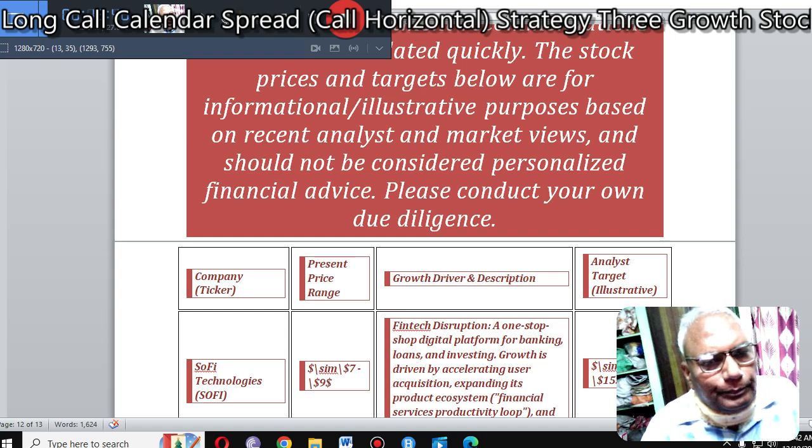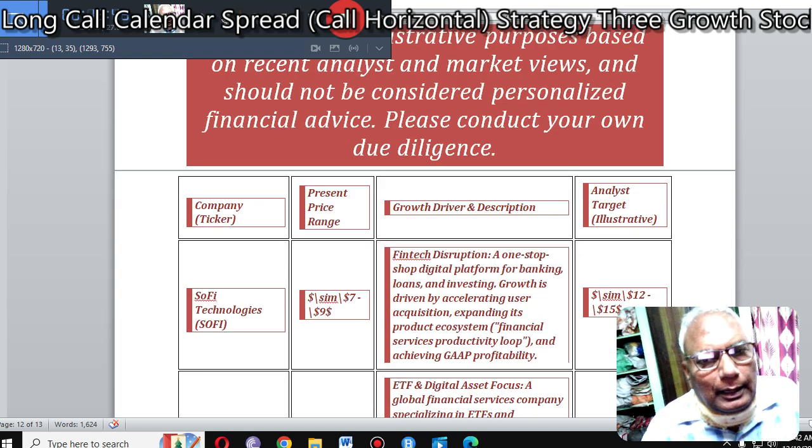Company name, present price range and description, growth description and target price. This is 4th columns. Company name, Sophie Technology. Price range $7 to $9.